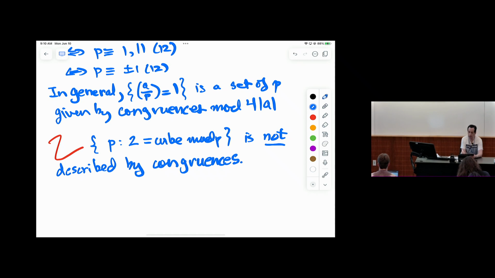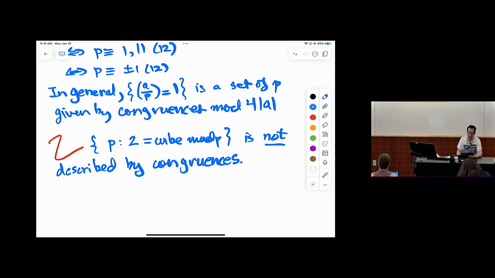It's a much more complicated thing. If you tried to tabulate the primes P for which 2 is a cube mod P, you would see that it's a much more mysterious set of prime numbers. So there's something sort of special about working with squares. All right.